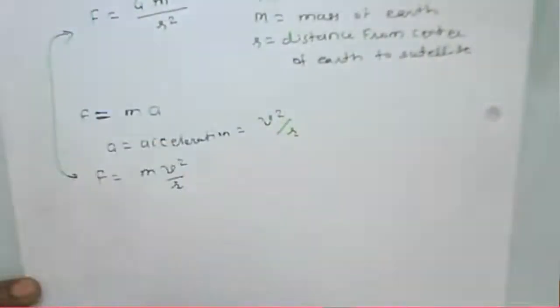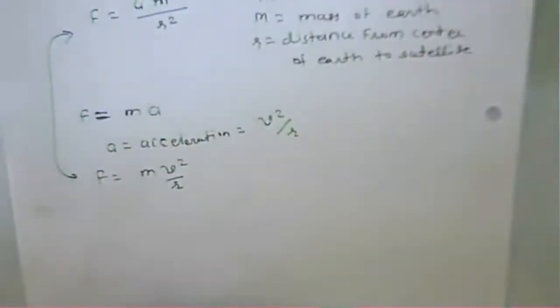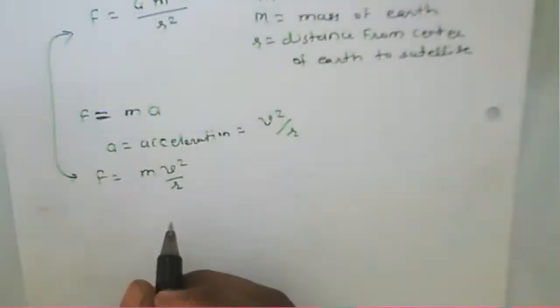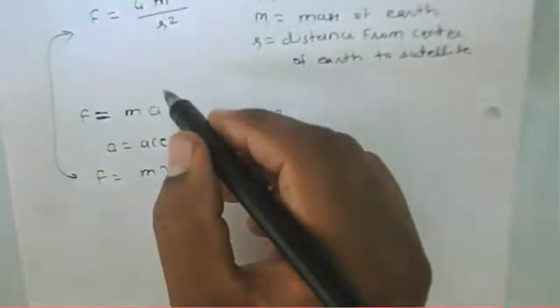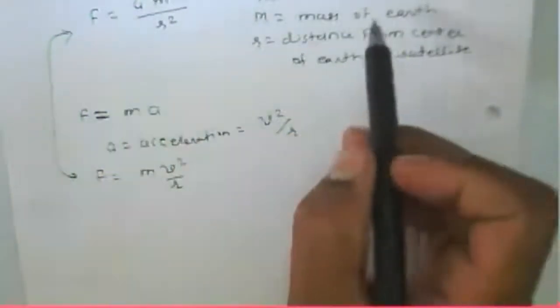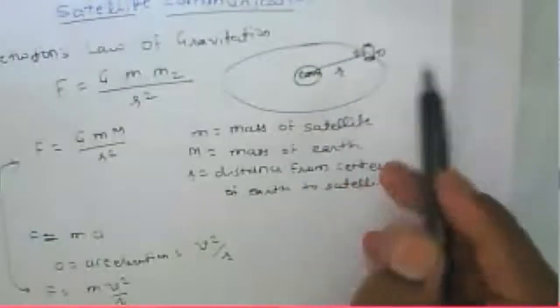Now these are the two equations, and they represent the two forces acting on the satellite.